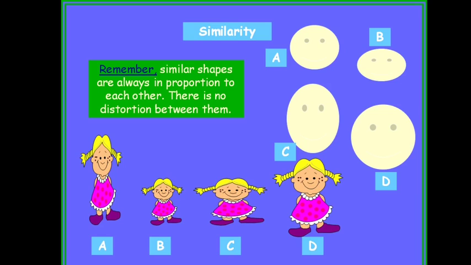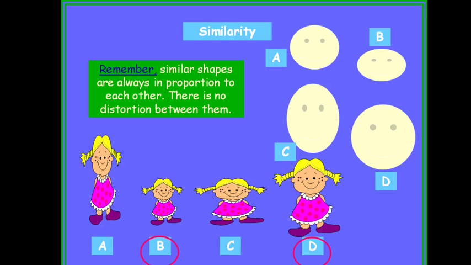Similarly, you need to observe which two dolls out of A, B, C, D are similar. Here B and D, if you observe these two dolls, they just differ in terms of their size, but if you see the detailing like their face and other components, you will find that they are similar to each other.